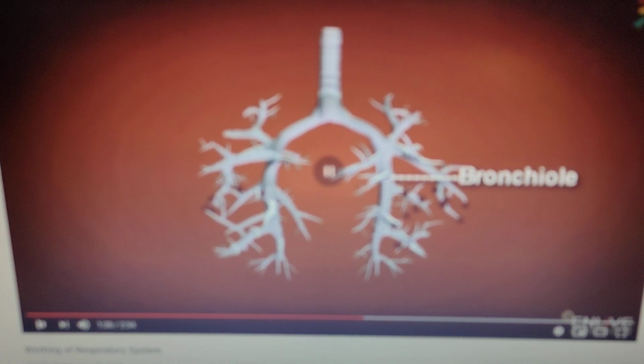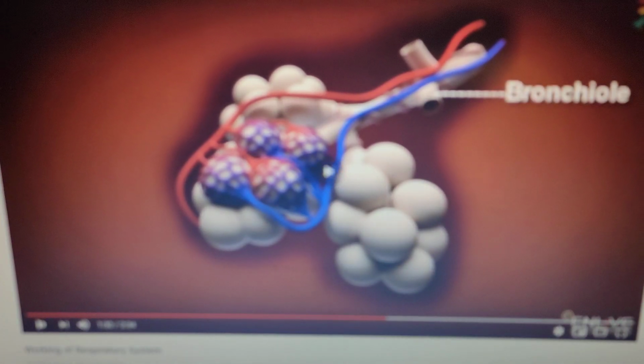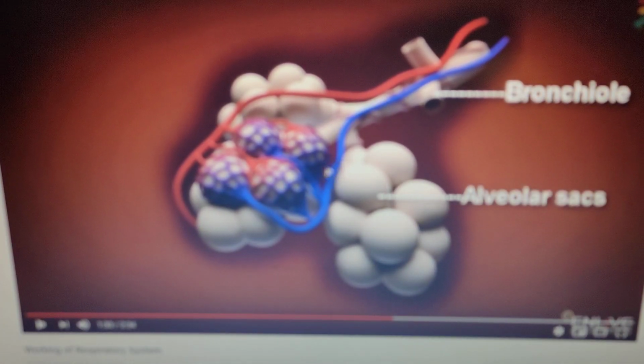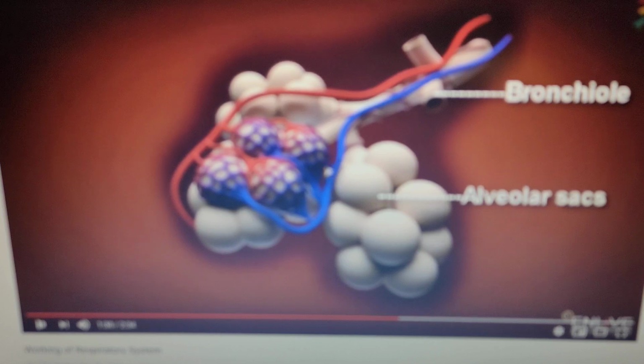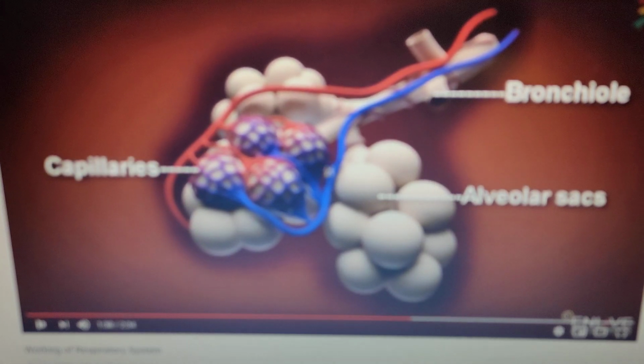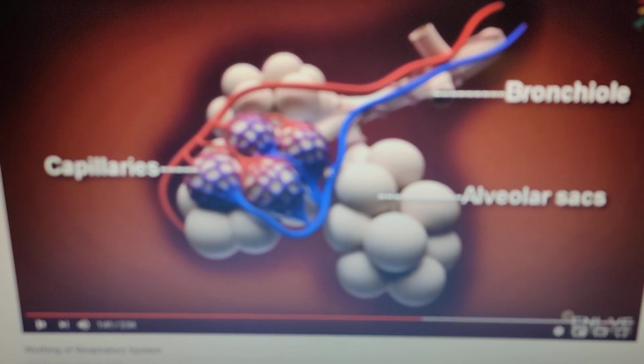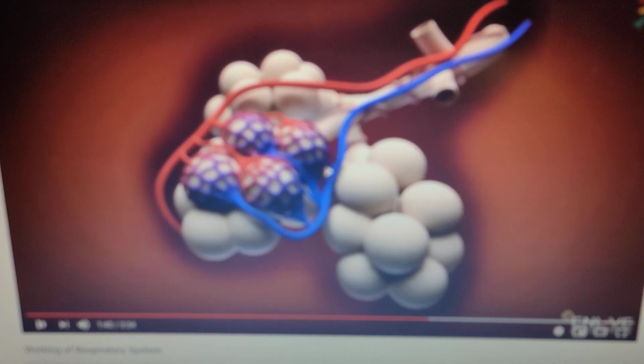That is the bronchial, the alveolar sacs, the capillaries. The bronchial is that tube-like structure.